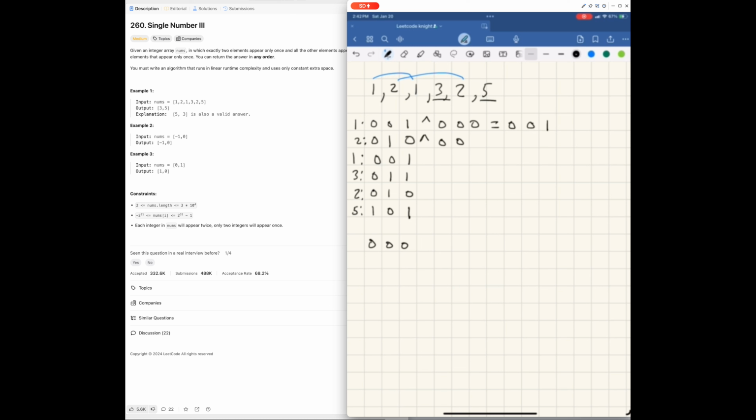Then we XOR 0, 0, 1, and that equals 1, 0, 1, 1. XOR 0, 1, 1.